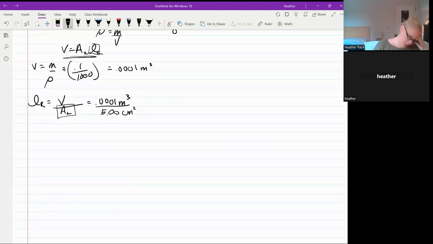So let's do 100 centimeters in 1 meter. Now we've gotten rid of 1 centimeter. Now we need to get rid of the other one, 100 centimeters per meter. And then we got rid of that.